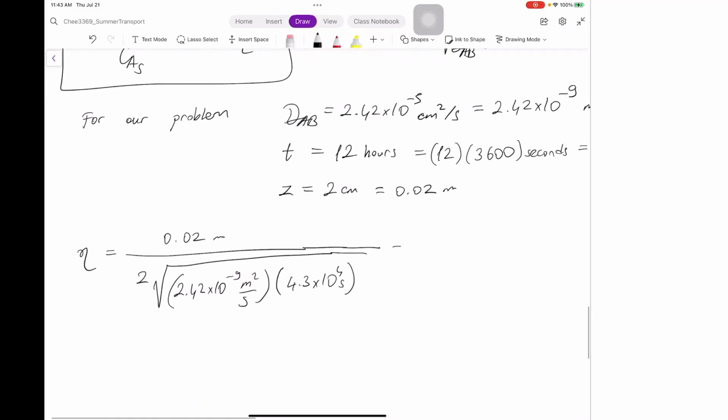And this comes out to be unitless because the seconds cancel. The meter squared becomes meter when you take it out of the square root, and it cancels with the meter.